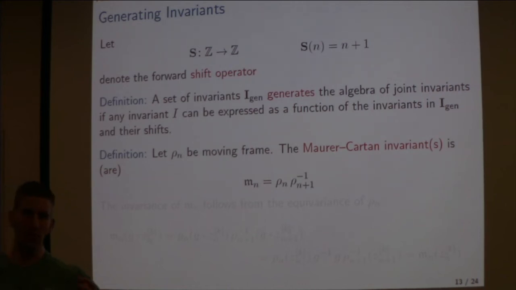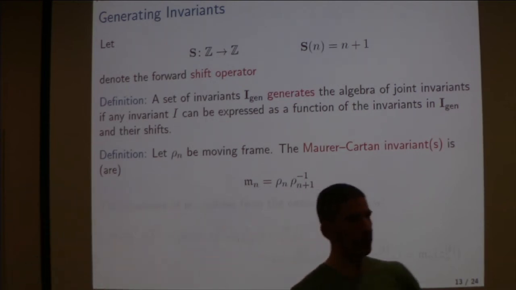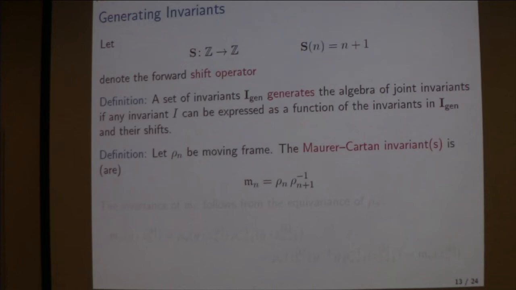If I have two invariants, I would just take the usual multiplication. They're functions. One invariant is xn plus 1 minus xn. This difference is an invariant.